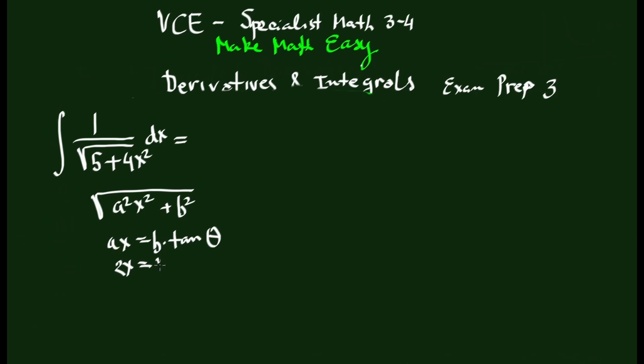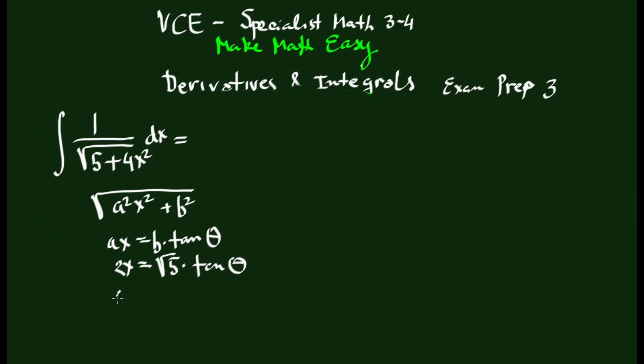So 2x equals square root of 5 times tangent theta. Then you know that the derivative of tangent is secant squared, so that raises the power.